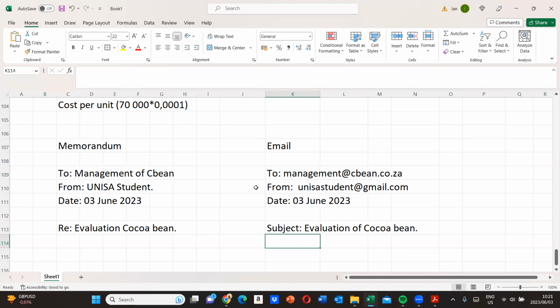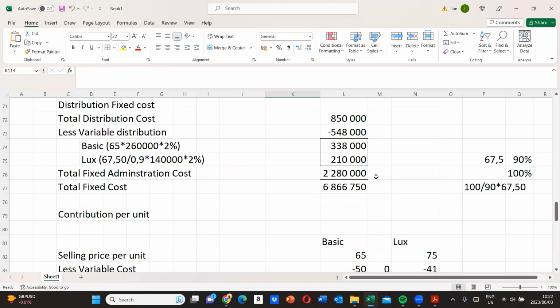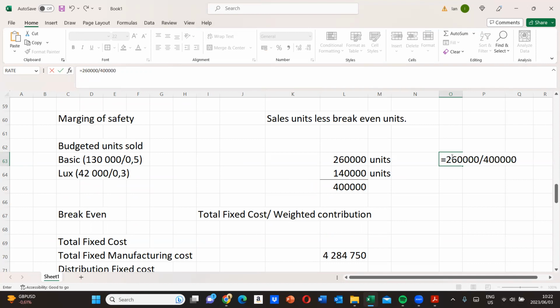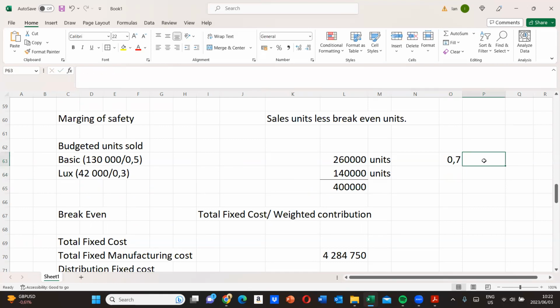There was also a question: what is the sales mix? The sales mix was not difficult. Remember, we have already done that. So this is your sales mix. Don't stress much about it. You could have just said 26 divided by 40. Alternatively, someone could have worked it out like that.